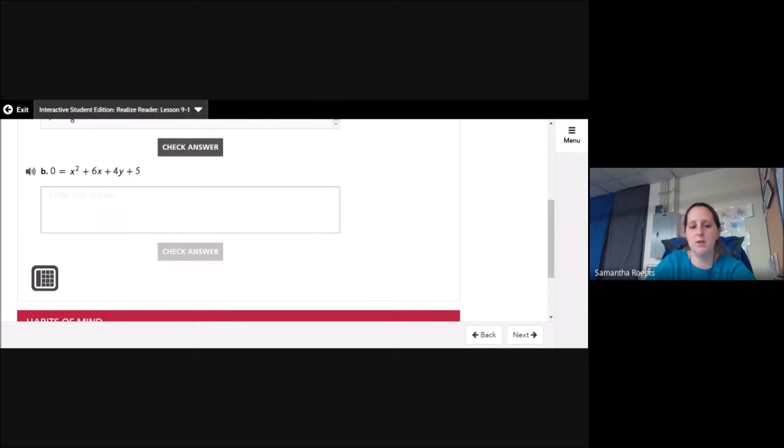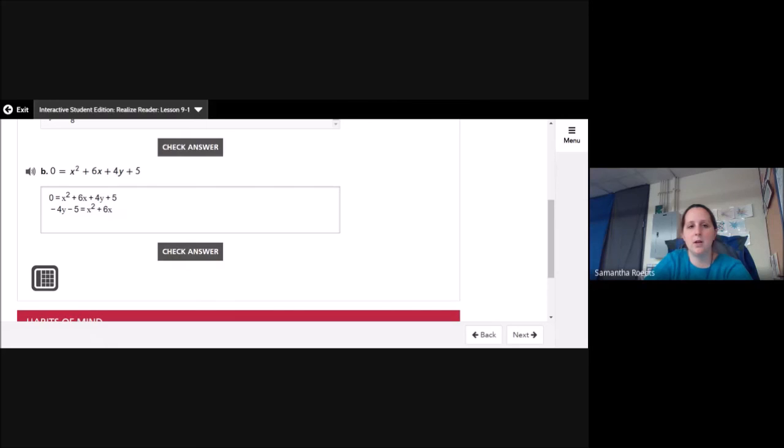Okay, for b, 0 equals x squared plus 6x plus 4y plus 5. So again, I want to solve for the quadratic. So I get negative 4y minus 5 equals x squared plus 6x.